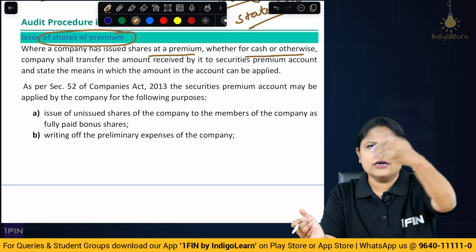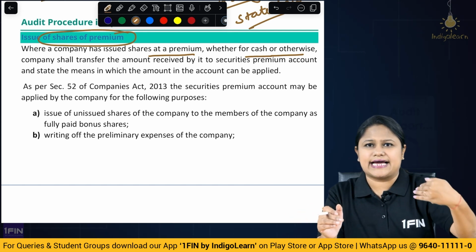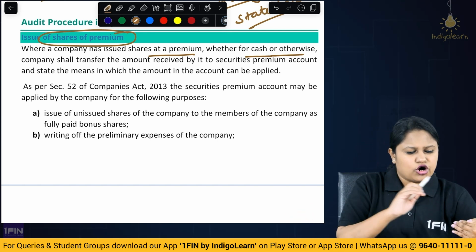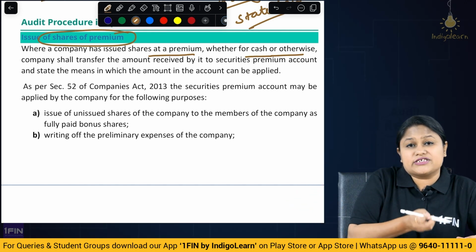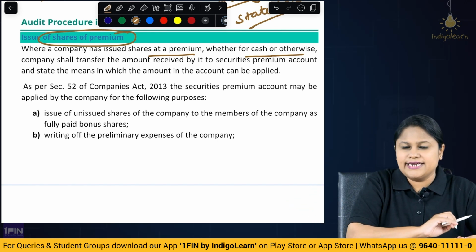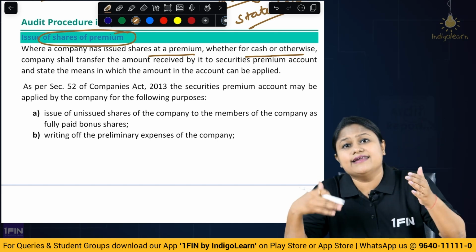So here in return, what you have got on one side is not cash, it is the machinery coming in. On the other side, you are issuing the shares. So you have got a consideration, but it is other than cash. Correct? So this is consideration other than cash.